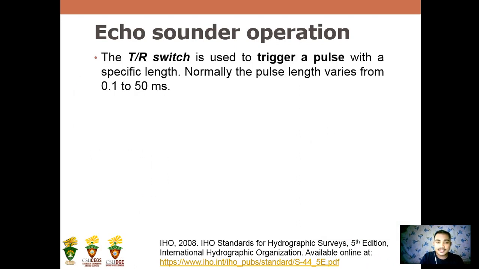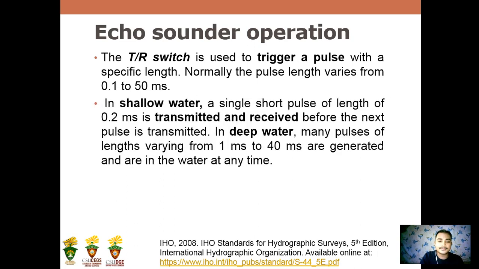So next is the TR switch, or the transmitter receiver switch. This is used to trigger the pulse with a specific length. Normally ang pulse length niya usually varies from 0.1 to 50 milliseconds.